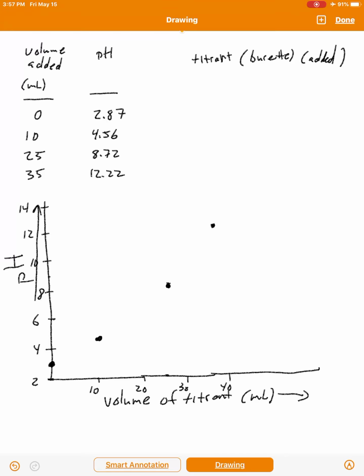Okay, so we only have 4 points in this titration. We don't have a lot of points to really show you the details of the curve, but I want to give you an idea of what it looks like. It essentially increases like so.